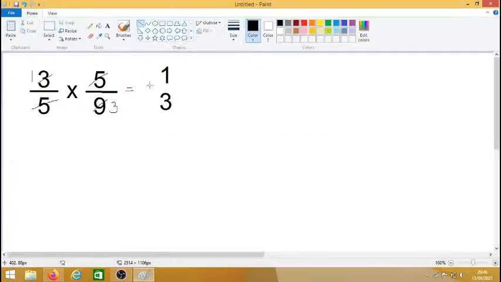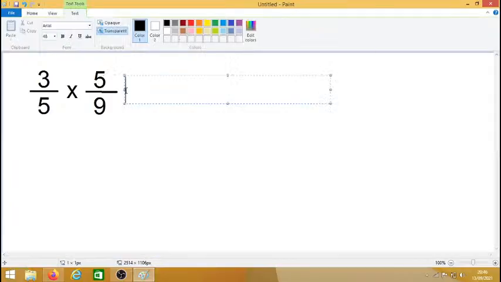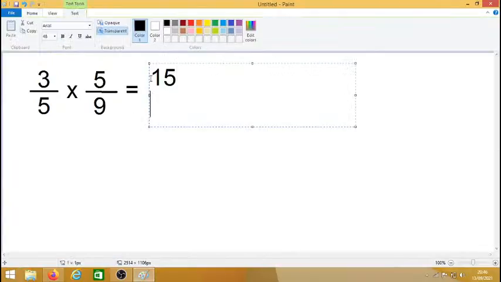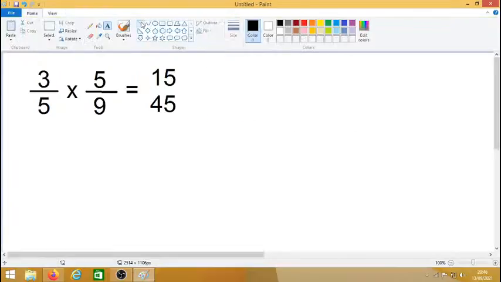Another way would have been to have done the cancelling at the end. That's fine as well, but you'll always find cancelling first will let you work out the harder questions much easier. So you can do it the long way. 3 times 5 is 15, 5 times 9 is 45, and we have a common factor of 15, so that becomes 1/3.